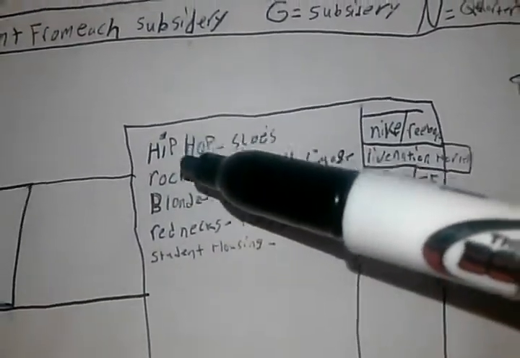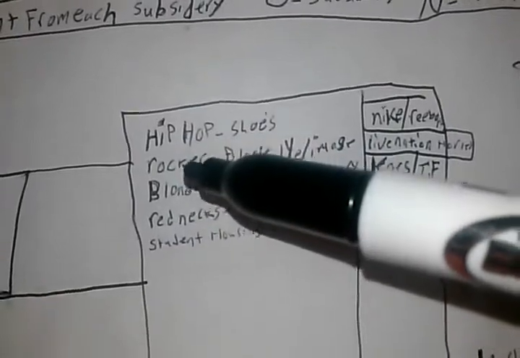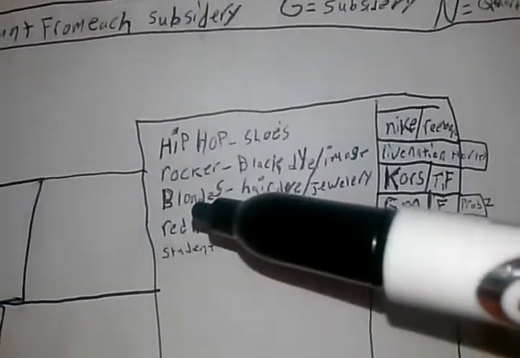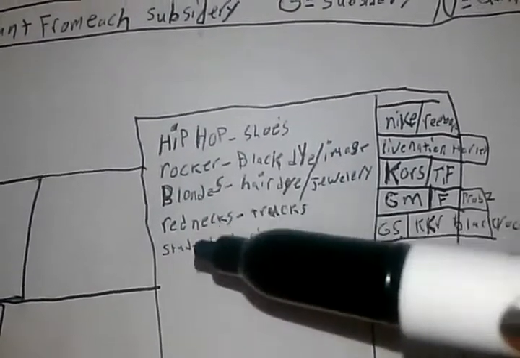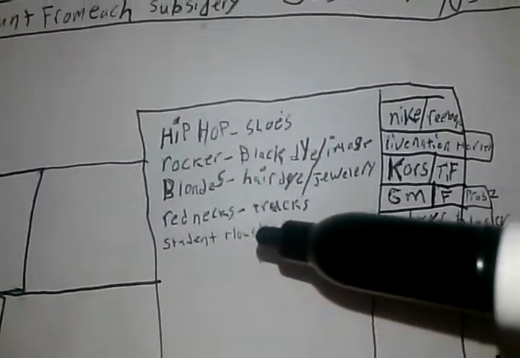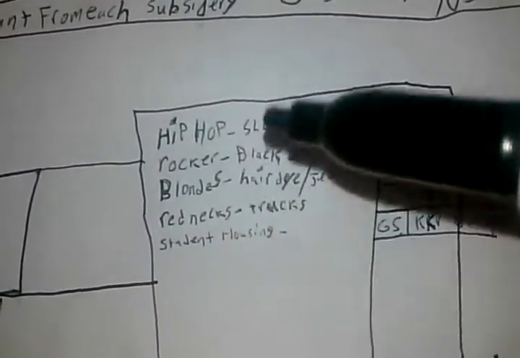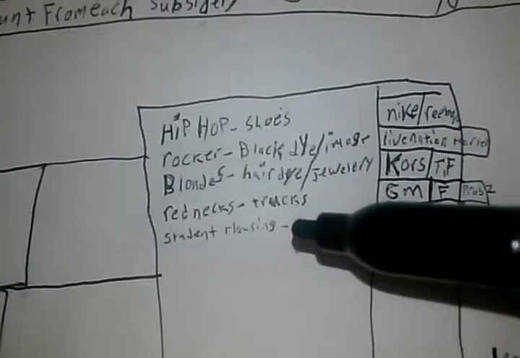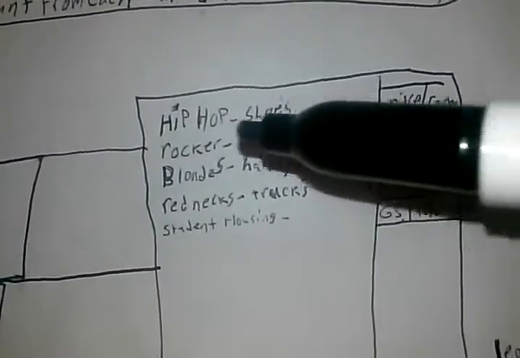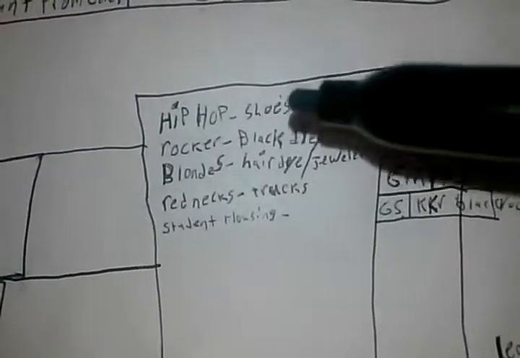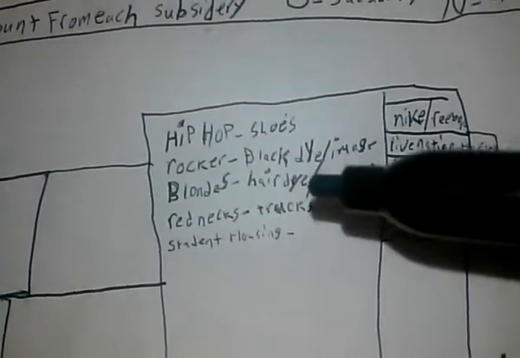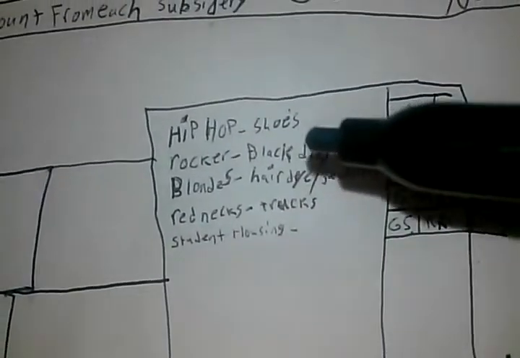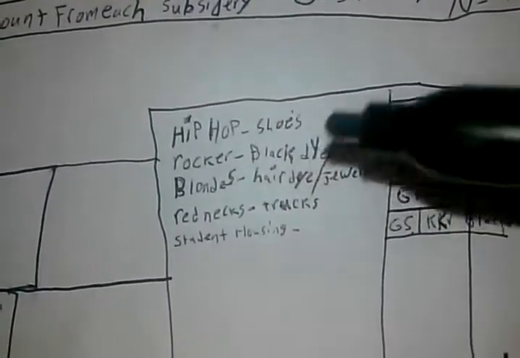We call my age demographic that does hip-hop, rockers, women that define themselves as blondes, rednecks, and student housing. Now, why did I choose this? These are all sub-ideas within the broad structure of human population demographics or human capital development, thus meaning that they have certain niche buying demographics.